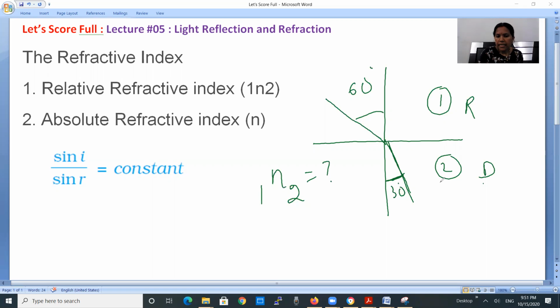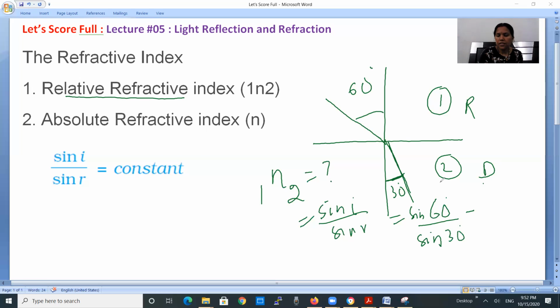This is relative refractive index, the first one, as it says the medium 2 with respect to medium 1. And as they have not mentioned, medium 1 is air, so we say it refractive index of 1 and 2. So it is relative. So that is nothing but sine I upon sine R. Sine I is 60 degree, so sine 60 degree, and refractive angle is 30 degree, so sine 30 degree.